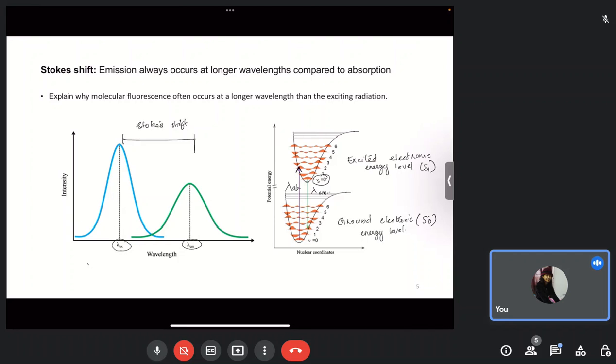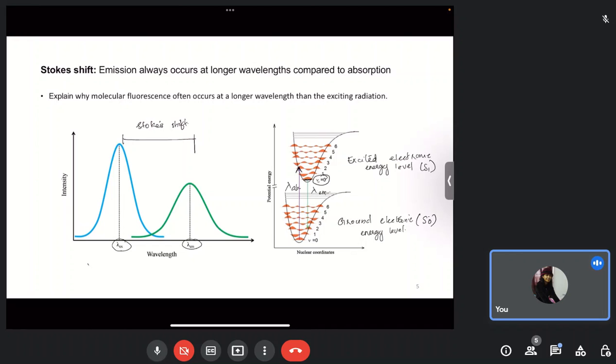A lot of non-radiative pathways have already released some energy, so you are left with an energy lower than lambda absorption to come back to the ground state.